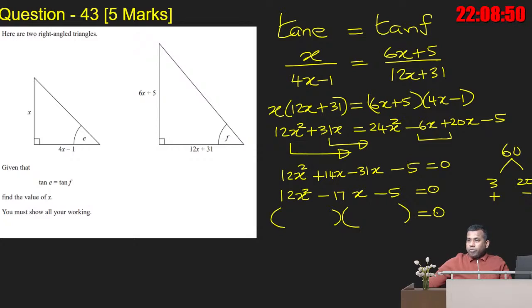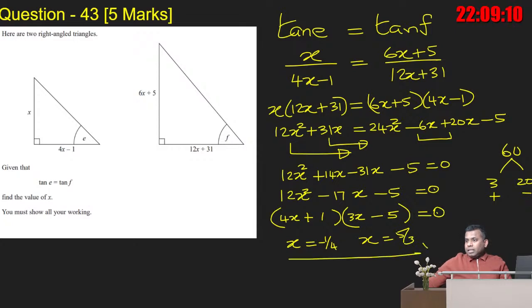So this is going to be 4x plus 1 and 3x minus 5. So x equals minus a quarter or x could be 5 over 3. So these are the two answers, and this is the correct answer and this one is not possible.